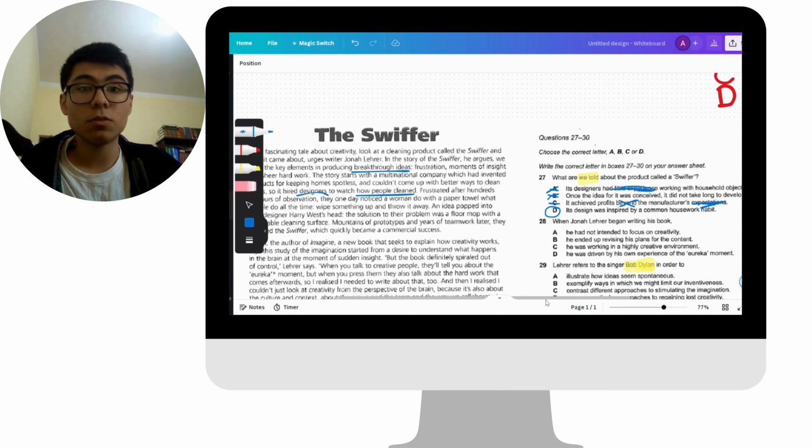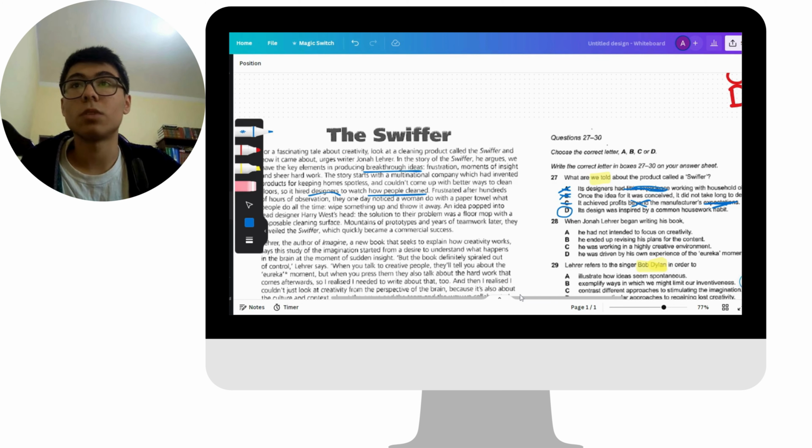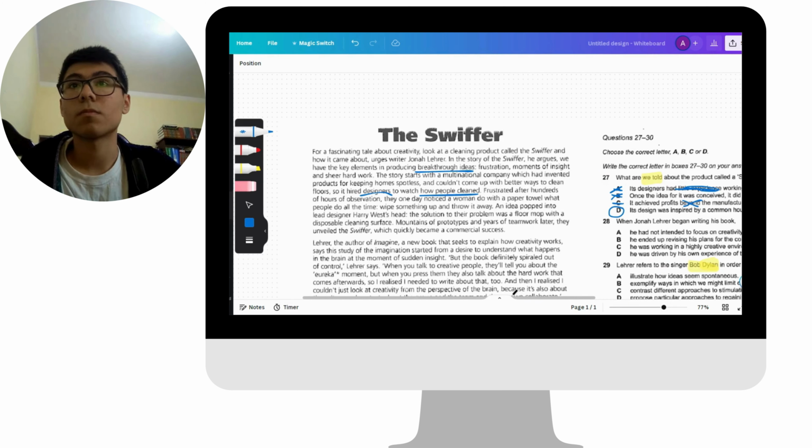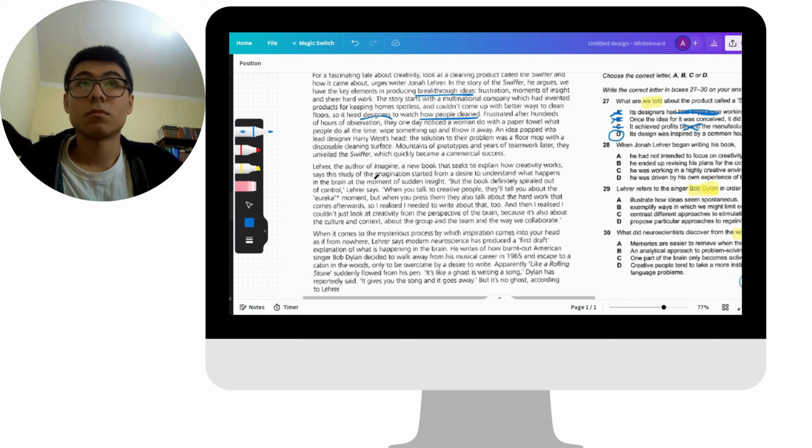So let's continue reading the passage. Liechner, the author of Imagine, a new book that seeks to explain how creativity works, says this study of the imagination started from a desire to understand what happens in the brain at the moment of sudden insight.